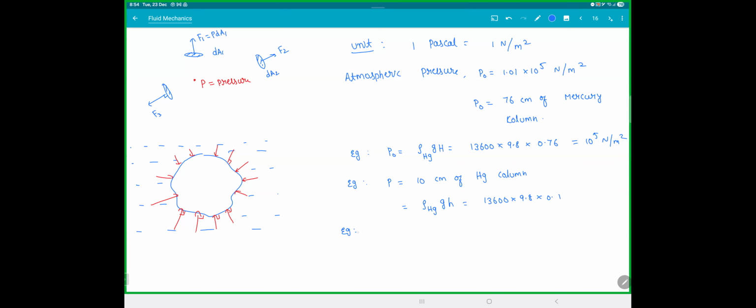Then sometimes you can even say the pressure at a point is 3 meters of water column. So this is another way of giving pressure: you give the pressure in terms of the length of the liquid column. Here you'll take rho water g h, that will be 10 power 3 into 9.8 into h, where h is 3 meters. That's your pressure.